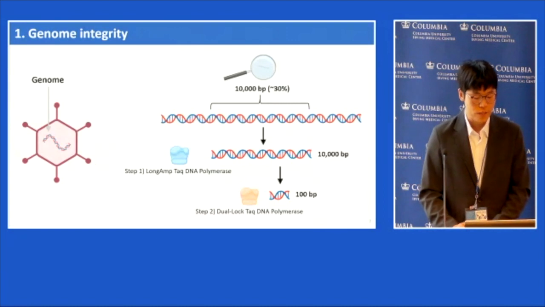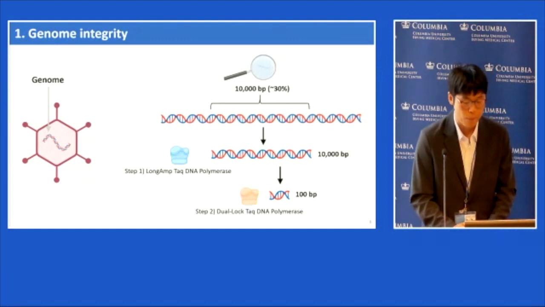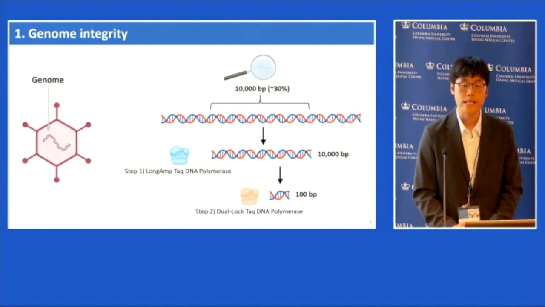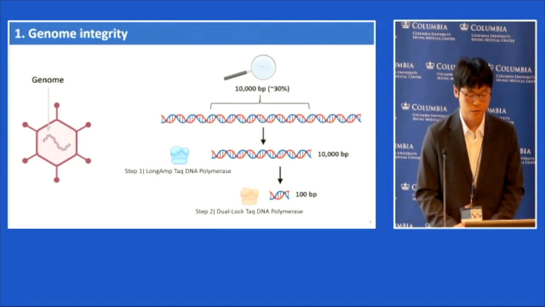In the first step, long-range DNA polymerase synthesizes the 10,000 base pair long genome. And this long amplicon can be quantified by the conventional qPCR at the second step. So the second amplicon can be produced only when the viral sequence is intact in this long region.